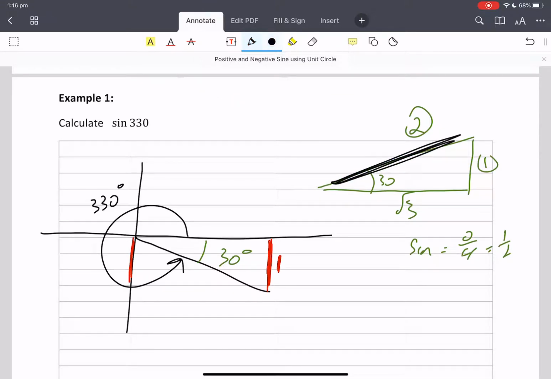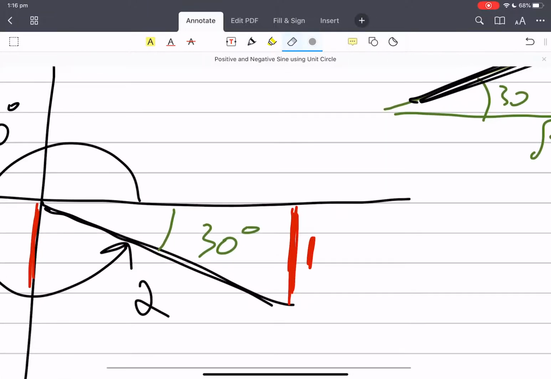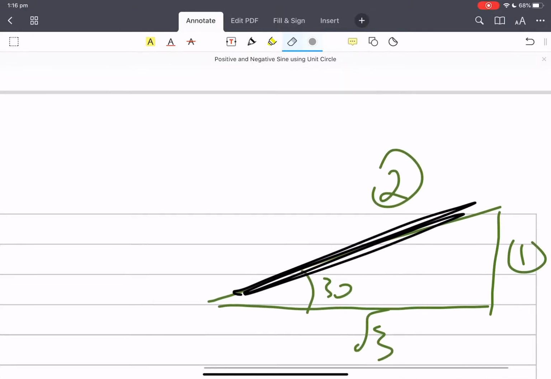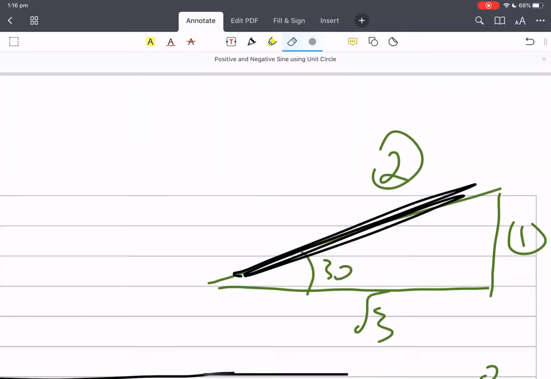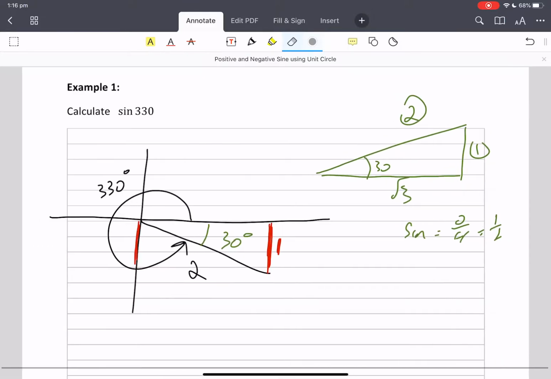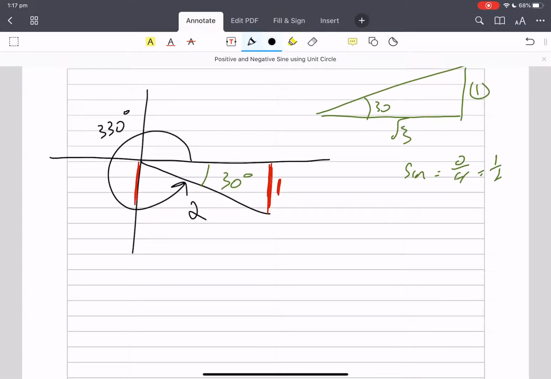Well, that is my terminal ray, so that is 2 long. Okay. So what we've got is sine is a half because it's this opposite over hypotenuse. Yep, that's where the 1 and the 2 come from.